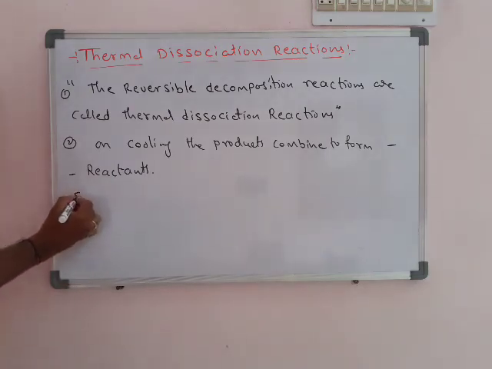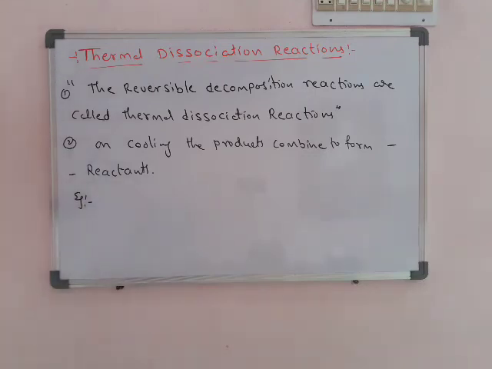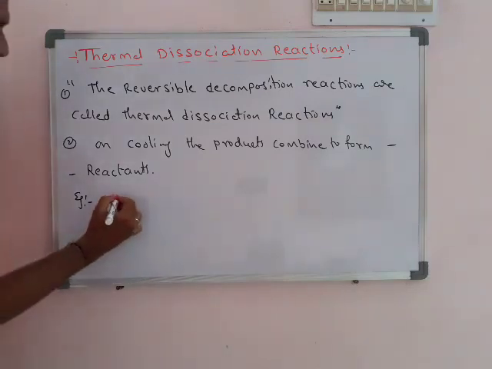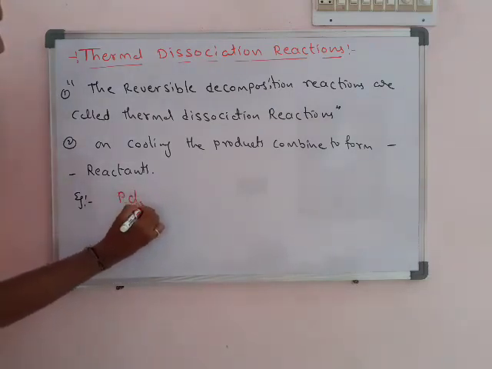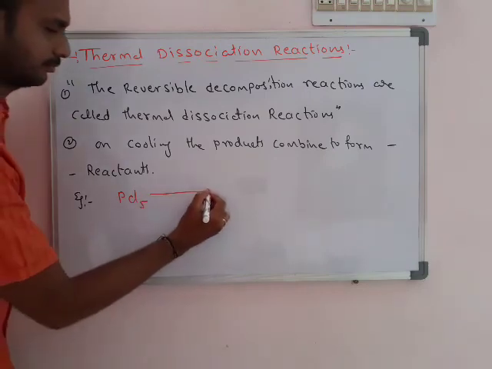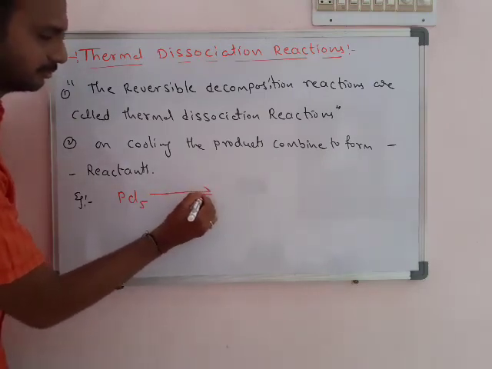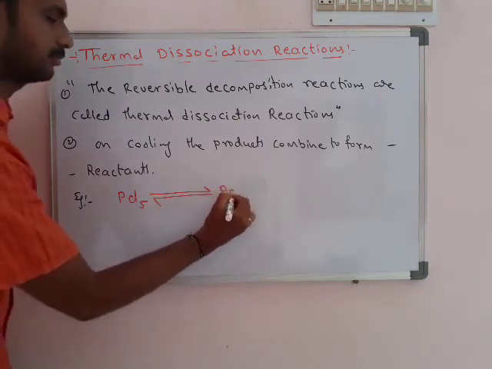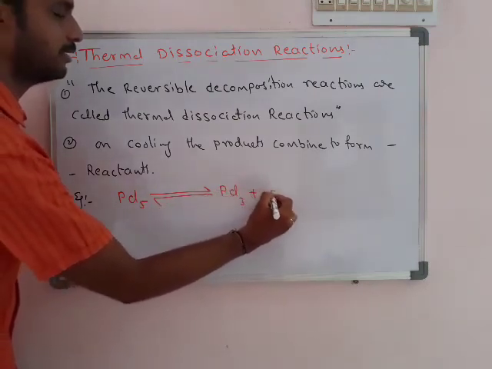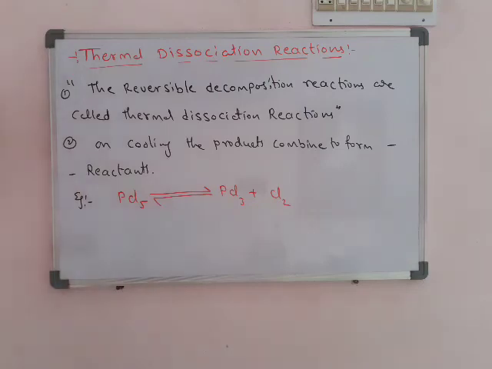So take some examples. Phosphorus pentachloride, phosphorus trichloride and chlorine.